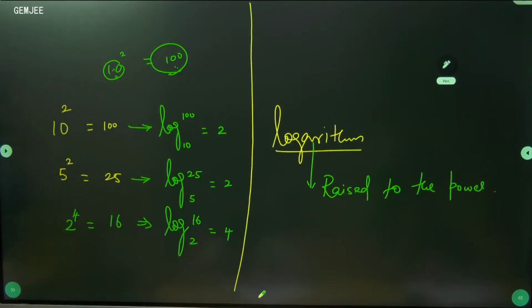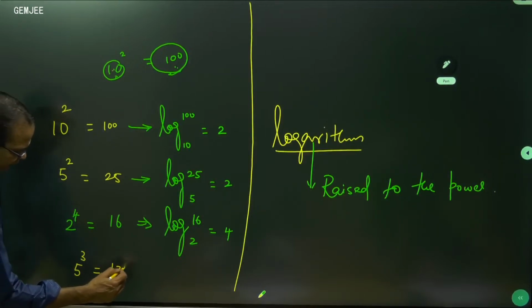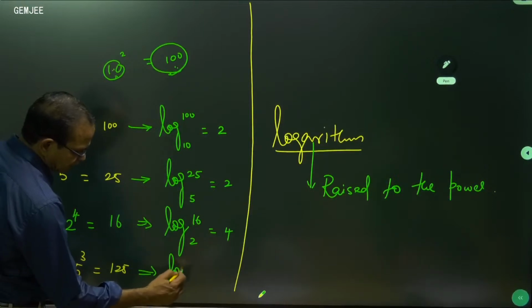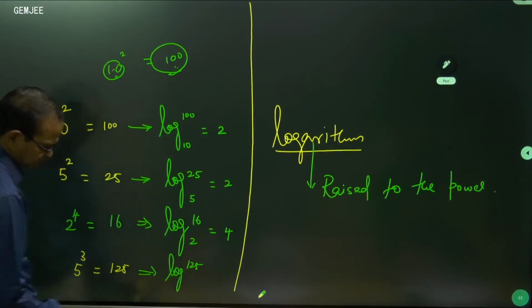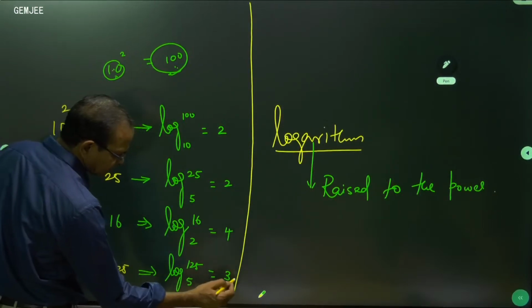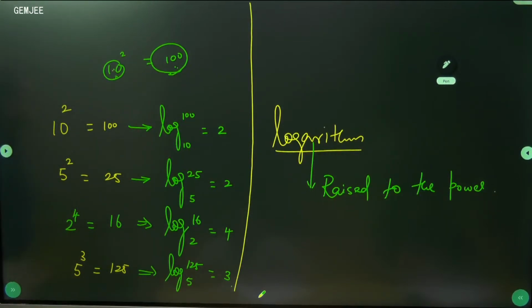So, when 2 is raised to the power 4, you get 16, that's all. 5 cube equal to 125. Log of 125 to the base 5 equal to 3. That's all. It's as simple as that.